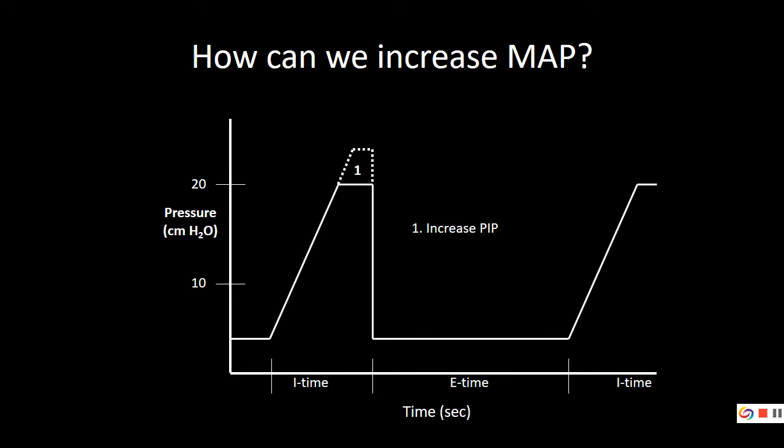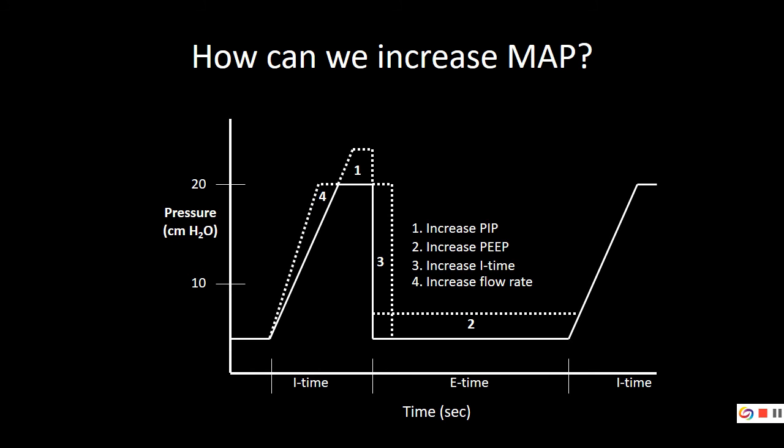Well, you could increase the PIP. That's going to give you a little more area under the curve. You could increase the PEEP. You could increase the inspiratory time. You could increase the flow rate.